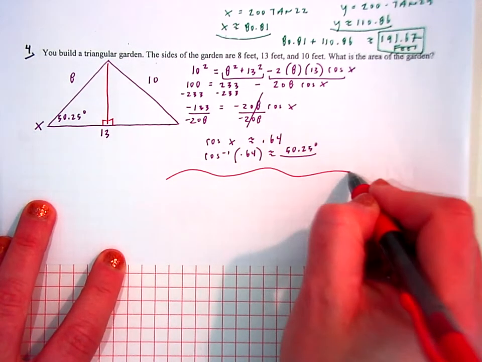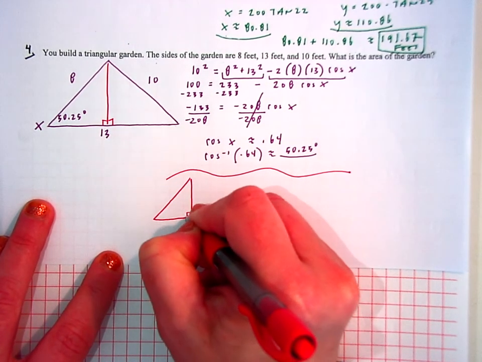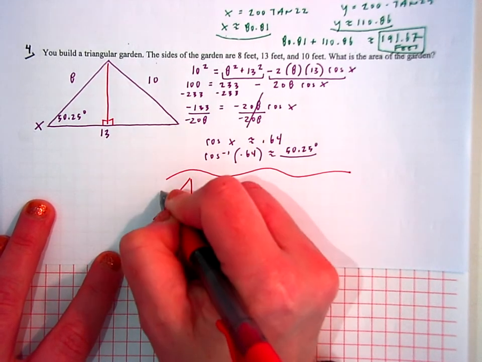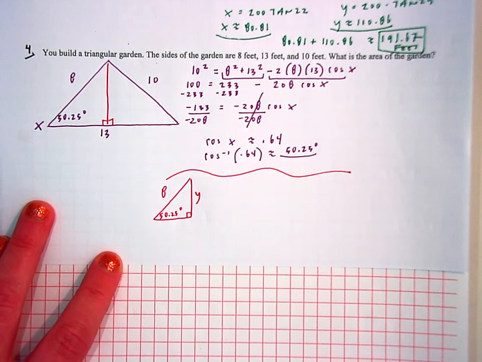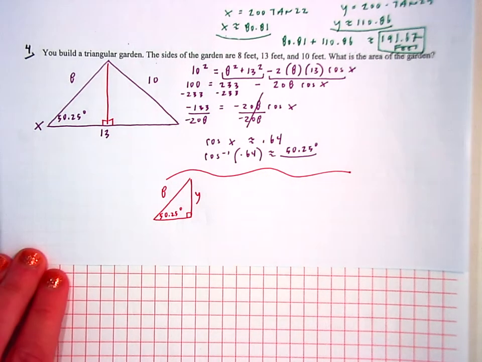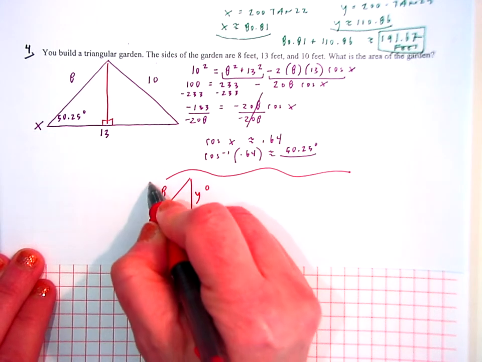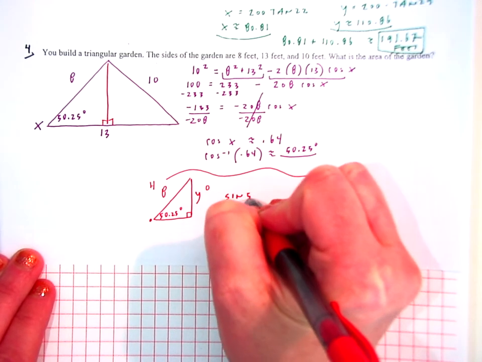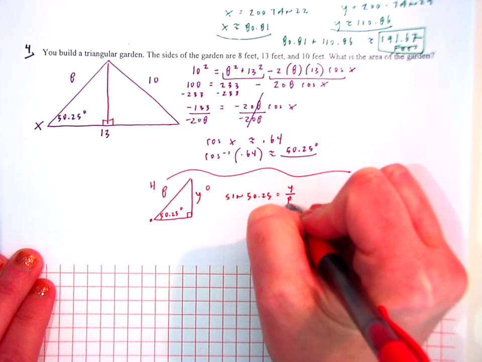Okay, and then I'm going to draw in my height like this, and I'm going to picture one of those 2 right triangles. So I'm going to picture this guy right here, where this is 50.25 degrees. That is 8, and this is, I'll call it y. That's the height that I was solving for. So if I use my basic trigonometry from here, I have an opposite and a hypotenuse. So I can say sine. Sine 50.25 equals y over 8.